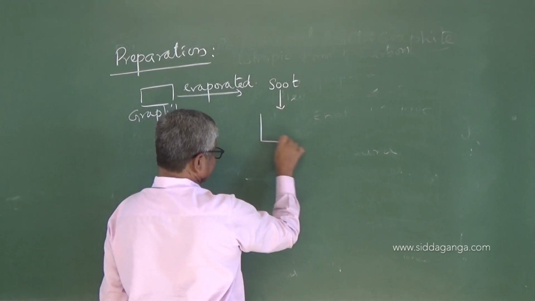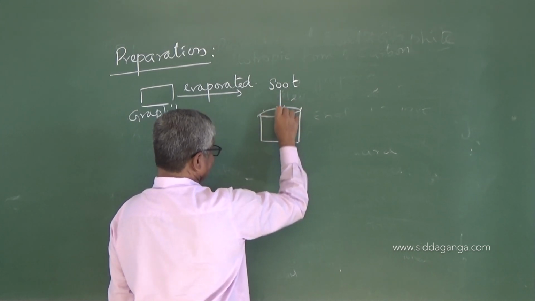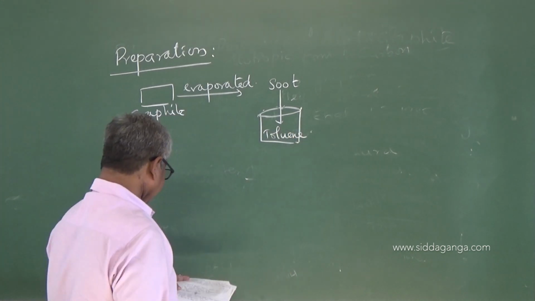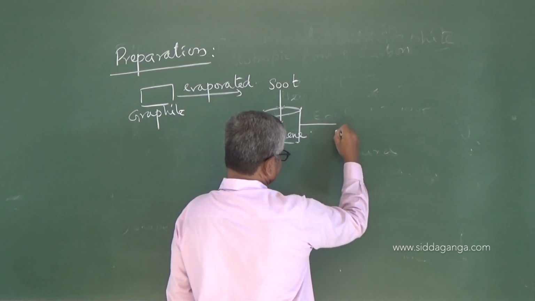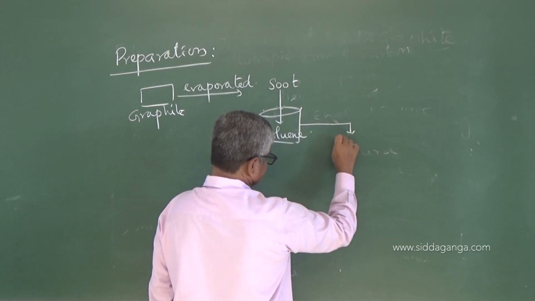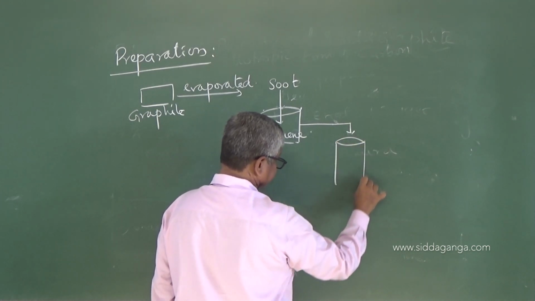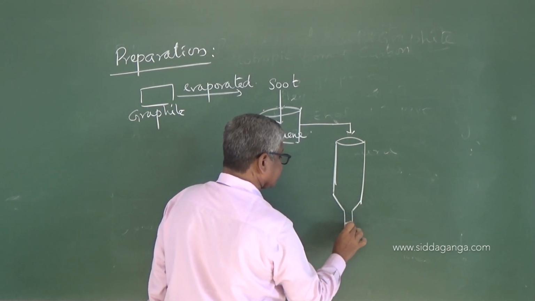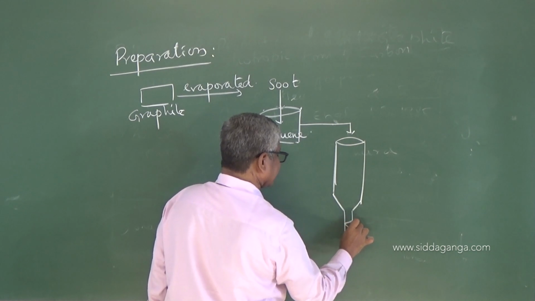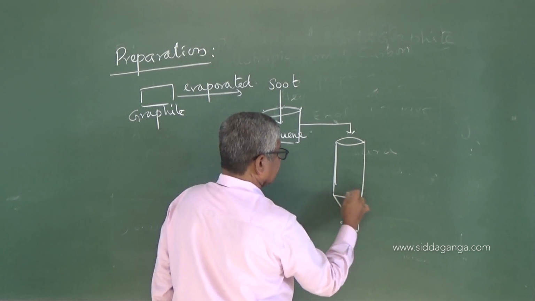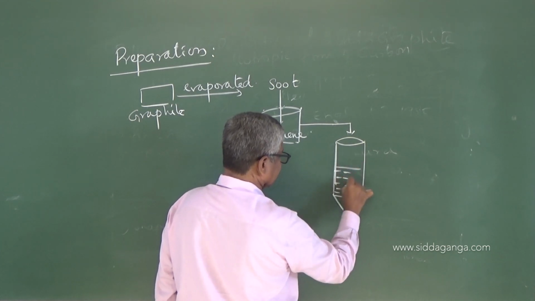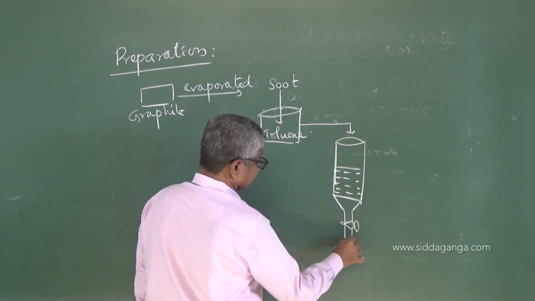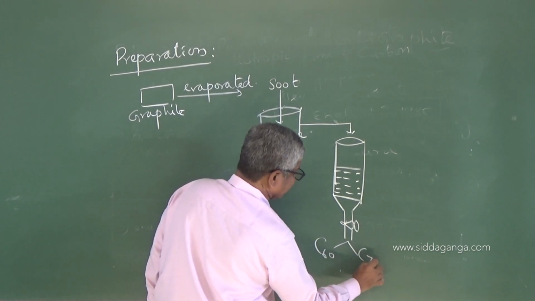The soot is dissolved in toluene, then it is passed through column chromatography, which gives C60 and C70.